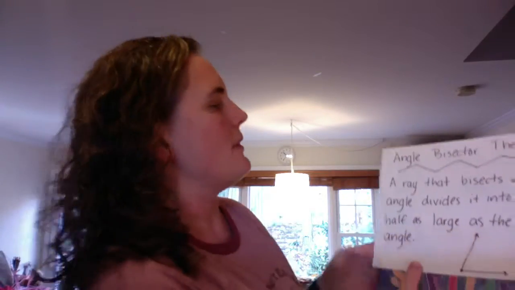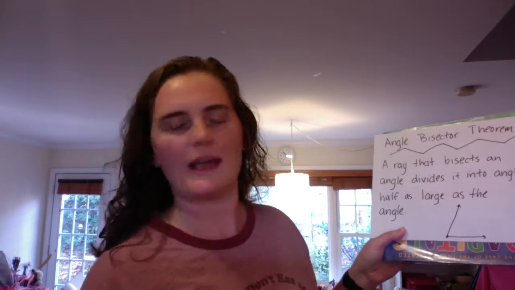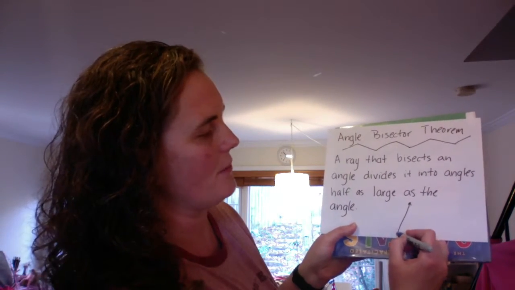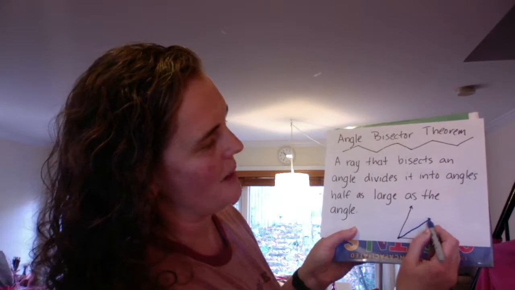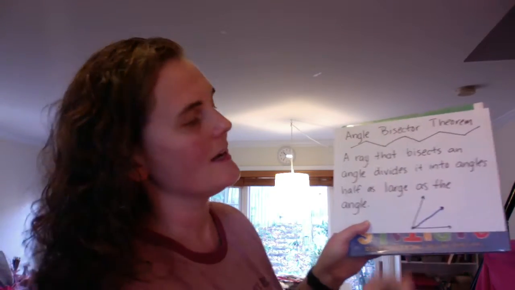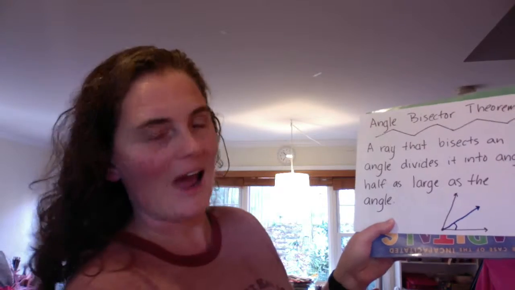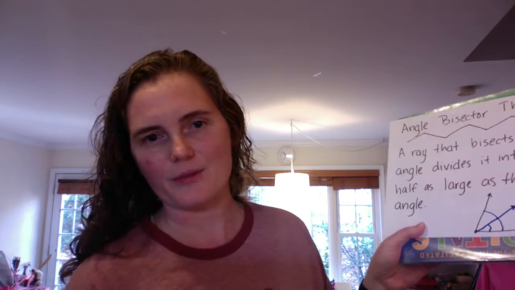What that's saying is I have this angle here, and I form a ray, so this angle is half of this angle. Okay, so that's our new theorem for this week. And I think that pretty much sums up the material from this lesson.